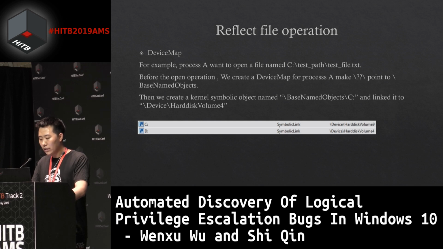Then we create a kernel symbolic link object named base named objects C and link it to device hard disk volume 4. Note that the real disk C is device hard disk volume 9.